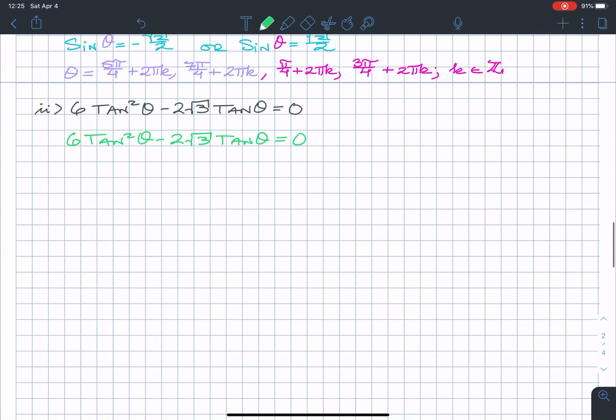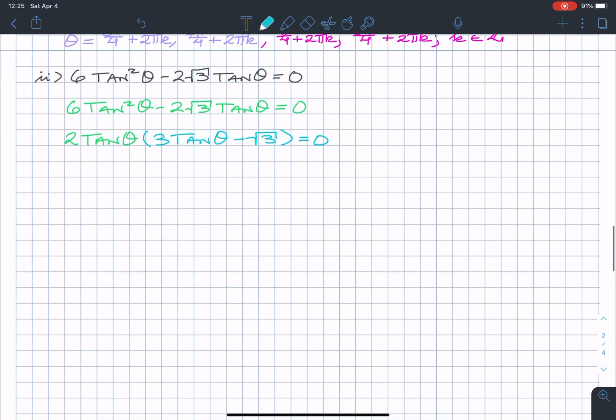So I see that there's a 2 and a tangent of theta common to both terms. So when I factor that out, what remains will be 3 times tangent theta minus the square root of 3. Is that what I get? Oh, I guess so.